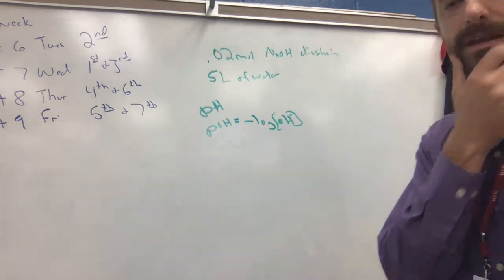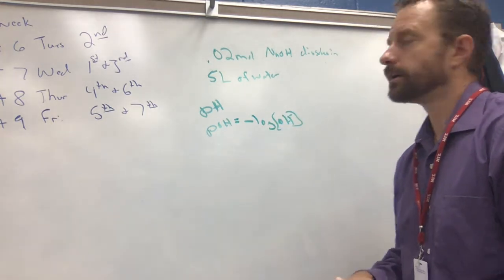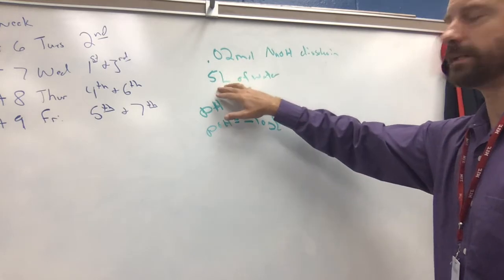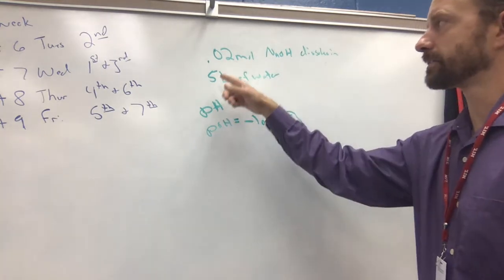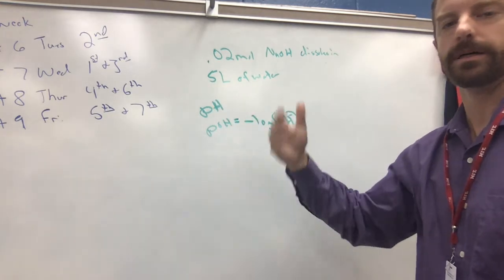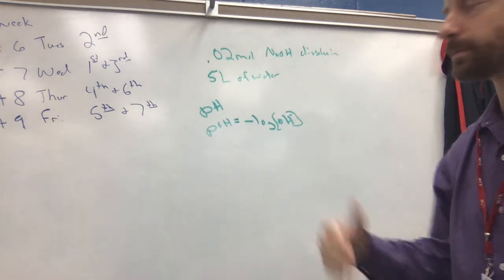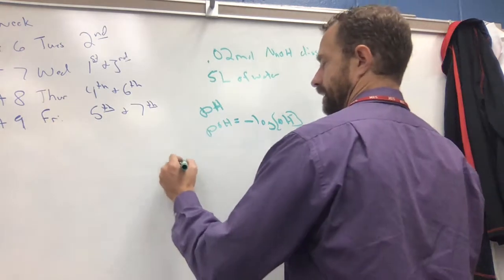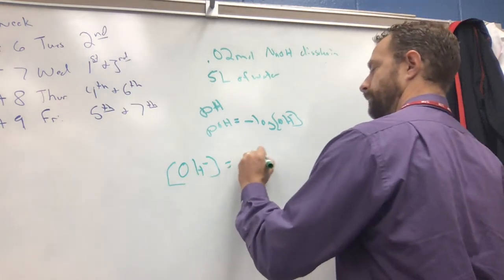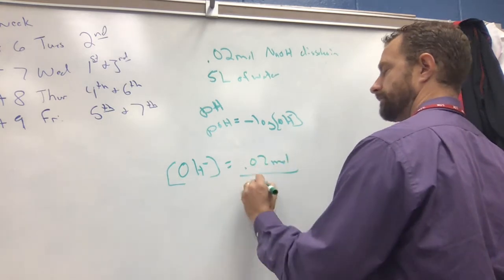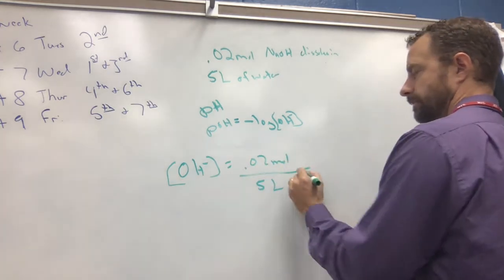So that's molarity. Well, molarity was moles per liter. Well, they gave me moles and they gave me liters. So don't make that tough, right? Just like if it's 0.02 miles in 5 hours, right? Well, that's really slow, but you could do that, right? It's just moles per liter. So to get my concentration of my hydroxide, my molarity, that's going to be 0.02 moles divided by 5 liters, right?